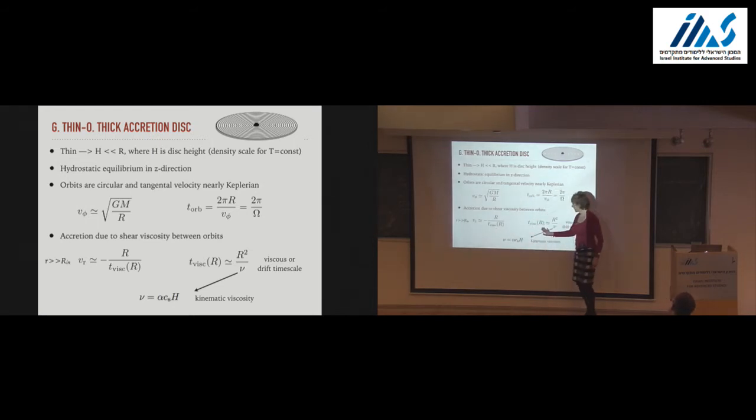The viscous time scale, quite generally, is R squared divided by the kinematic viscosity. The kinematic viscosity bears the imprint of the nature of the viscosity. So the kinematic viscosity is proportional, by this factor alpha, to the maximum velocity of the carrier.